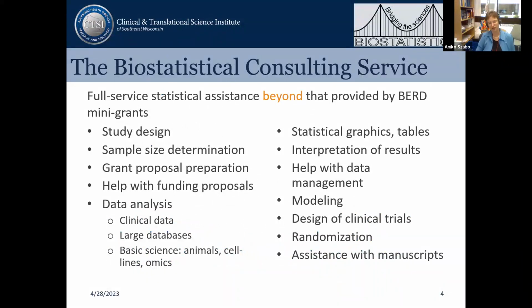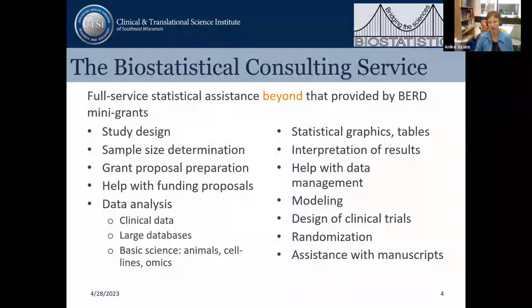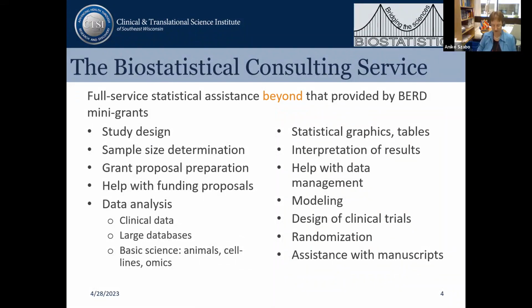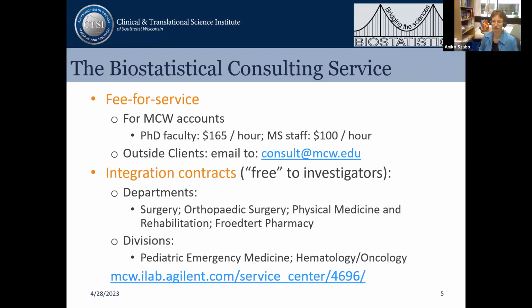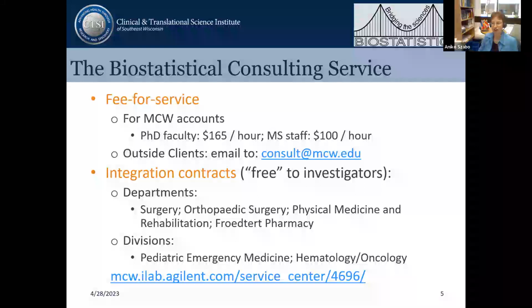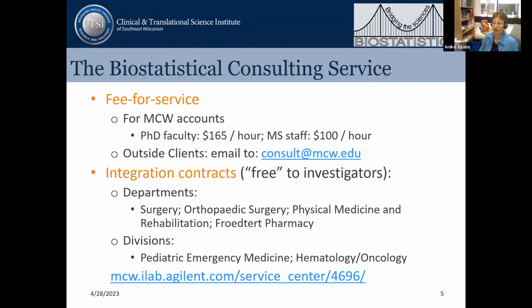Since I also work at the Biostatistics Consulting Service, I want to let you know that there is available assistance beyond the CTSI mini grants. We provide full service statistical support for a wide range of issues. We have 2 versions of work. We do fee for service, and we also have integration contracts with a variety of departments and divisions.